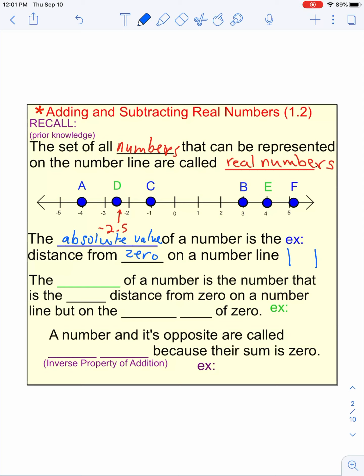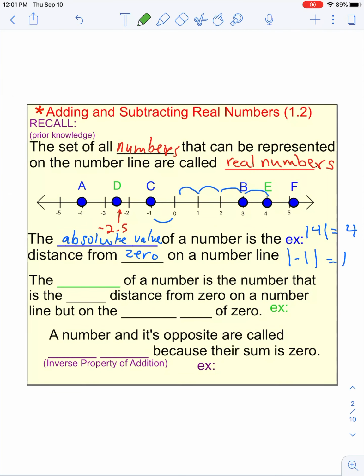So if I want to know what the absolute value of -1 is, that is 1, because -1 is one space away from 0, and so that is why it is 1. Or if you want to know the absolute value of 4, you're asking how far away is 4 from 0 on a number line, and it is 4 spaces. So it's 1 space, 2 space, 3 space, 4 space.